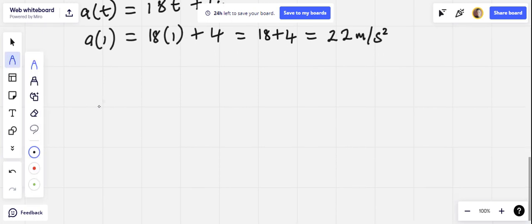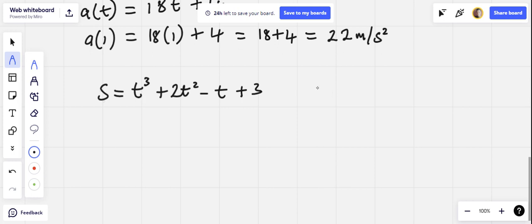Let's say the displacement of the motion of a body is represented by s equals t raised to the power of 3 plus 2t squared minus t plus 3, where s represents the displacement in meters and t represents time in seconds.